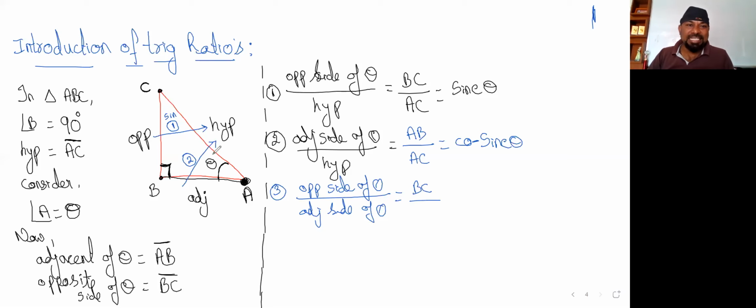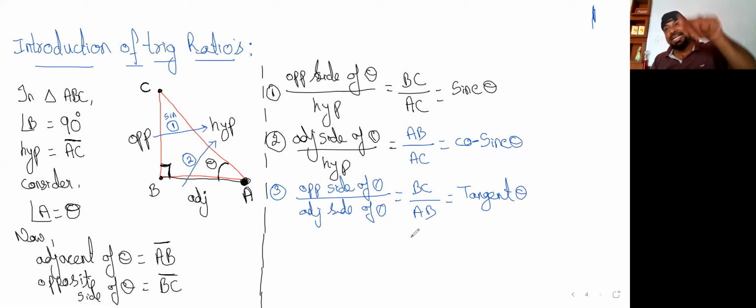And which is the side next to theta? AB. Okay, Nana, this is the third relation. Now we have to call it as tangent theta. The relation between them is called tangent theta. That is, if we put the opposite side on top and the adjacent side below, the relation between them is named tangent theta.